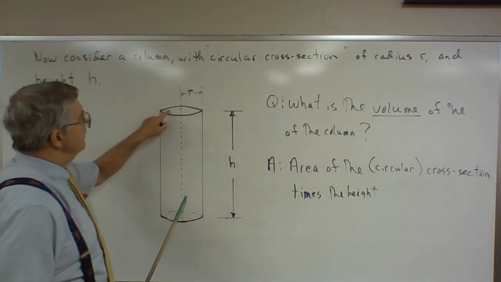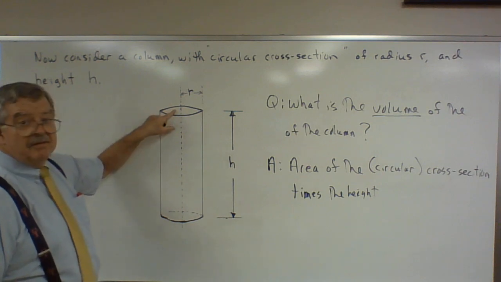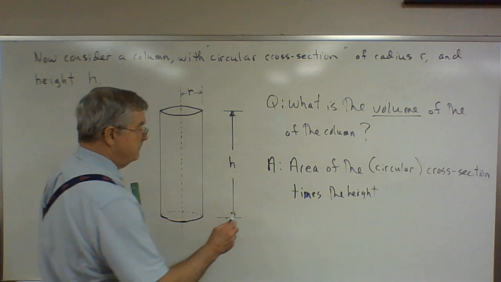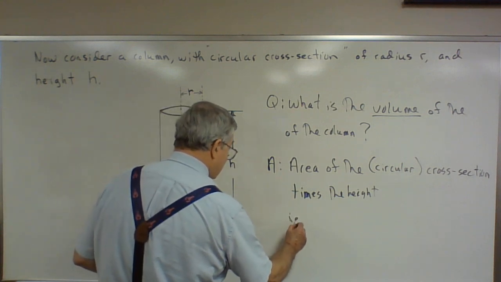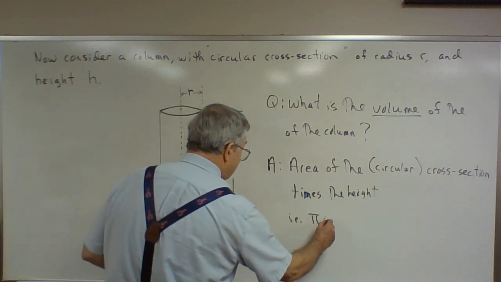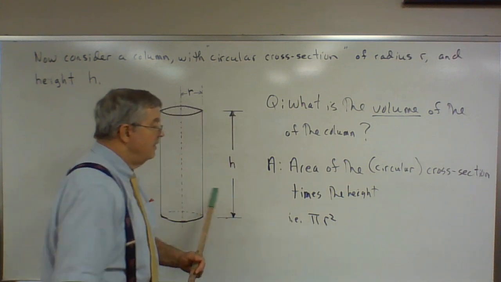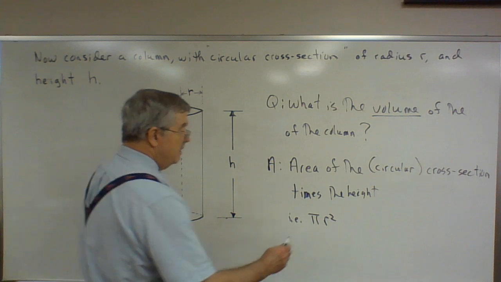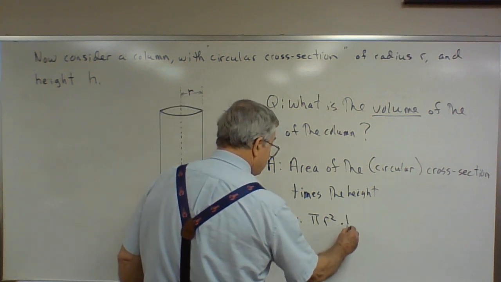Well, what's the area of this circle? It has radius r. That's all we need to know. Pi r squared, there's the area of the cross section, times the height.